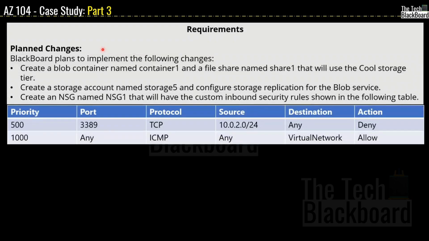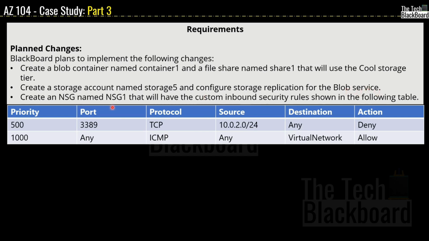And here comes our requirement section that starts with planned changes. This section says that Blackboard plans to implement the following changes. The first one is to create a blob container named container1 and a file share named share1 that will use a cool storage tier. Then it says to create a storage account named storage5 and configure storage replication for the blob service.